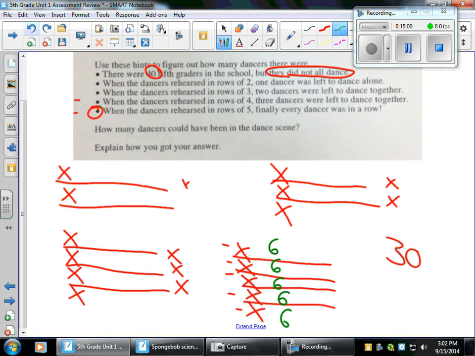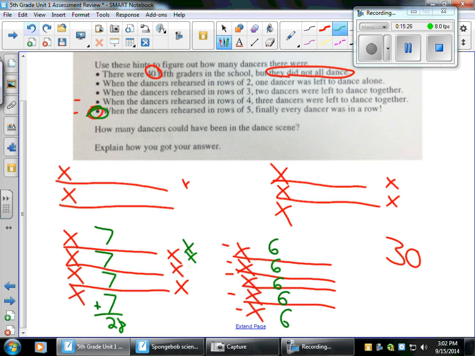This one works. Perfect. Over here, let's say I have 4 rows, 30, so I'd have 7 in each row, because 4 times 7 is 28, and I would have 2 left over. That's why 30 doesn't work, because this would equal 28 when I add them all up. They all have partners, and I'd have 2 left over to get to 30. So 30 does not work.